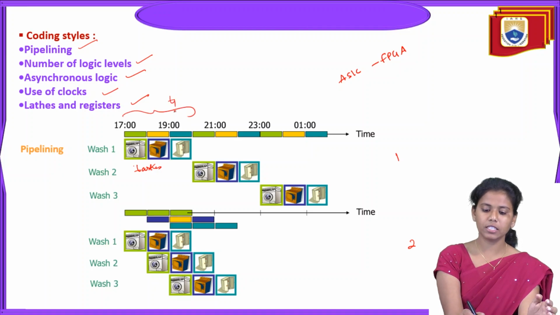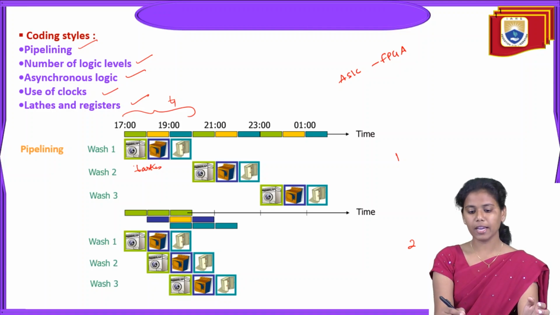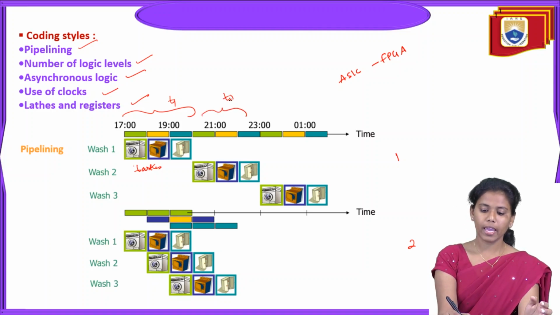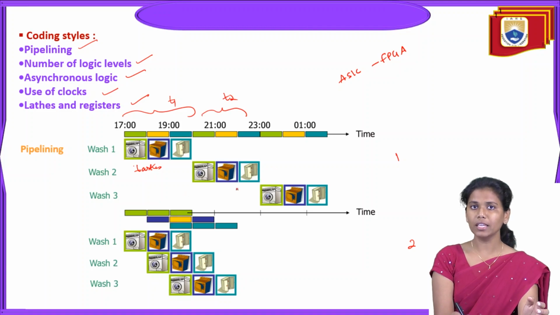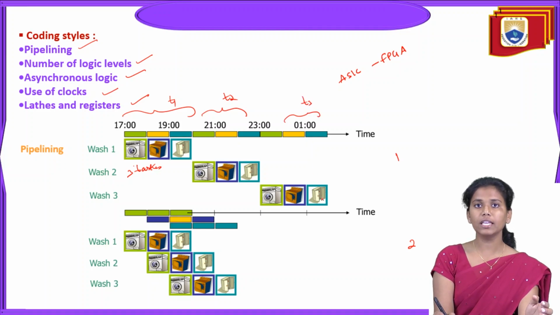For example, let's say T1. Then at time 2, again it has to perform all three tasks, and finally at time 3, it has to perform all three tasks.